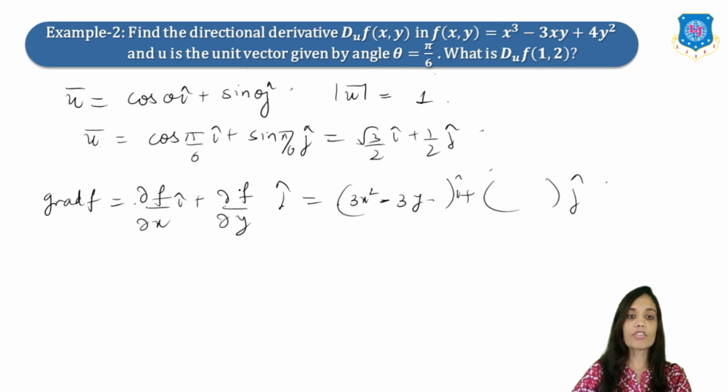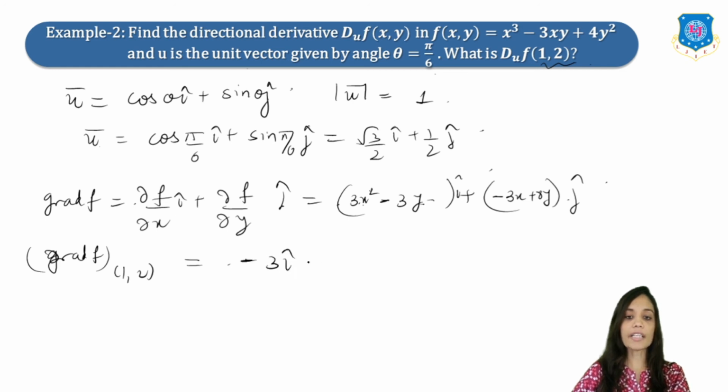And partial derivative of f with respect to y will be minus 3x plus 8y. Okay. Now let us put the point (1, 2) which is given over here. Right. So x is 1, y is 2. So if I put 1 over here, it will be 3 and 2 over here, 3 minus 6. So -3 i cap plus, it will be -3 plus 16, so 13 j cap.